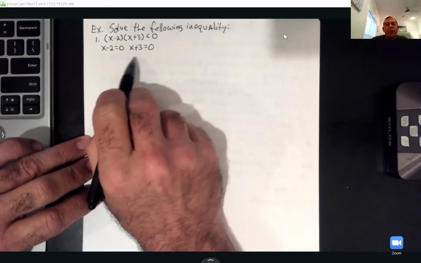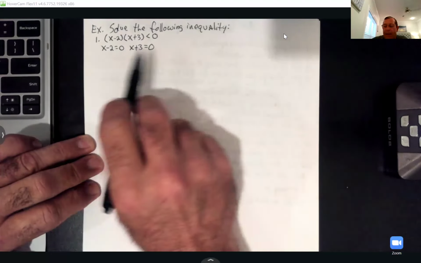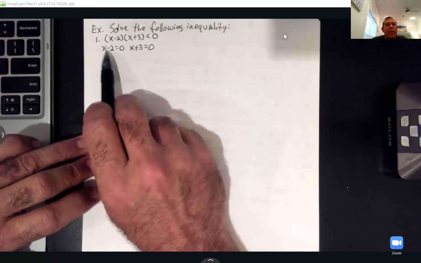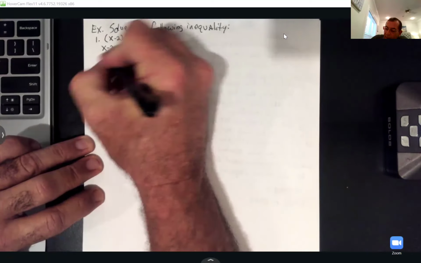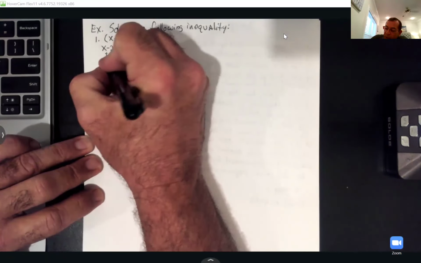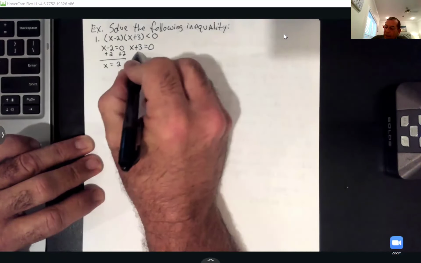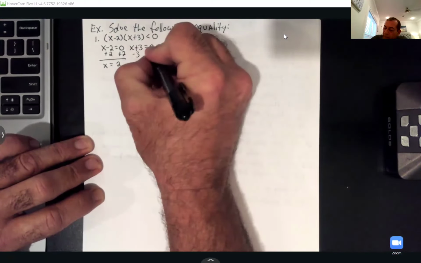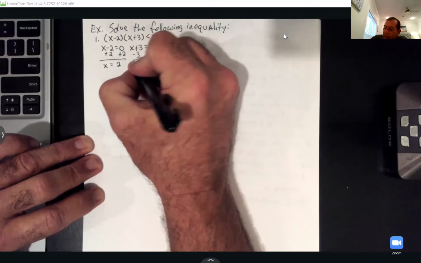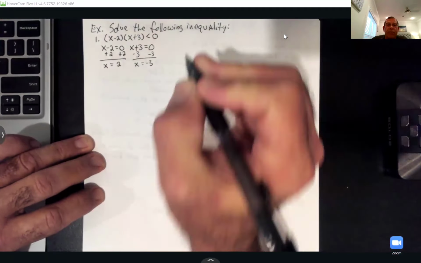Once I get these two solutions, I'll set up my number line, okay? So on this first one, I'm just going to add 2 to move it, and we get x equals 2. And on the second one, we're going to subtract 3 to move it, and I get x equals -3.